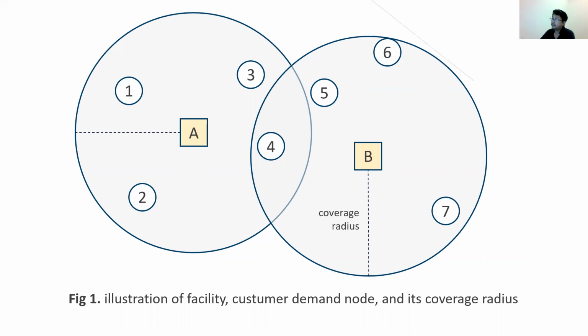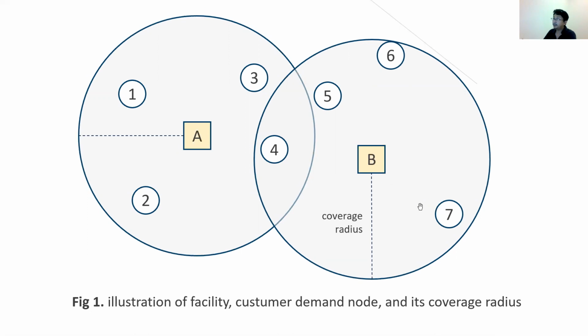So in this case we use the terminology of the nearest distance. For this example, the nearest distance is perhaps a straight line connecting those two points.